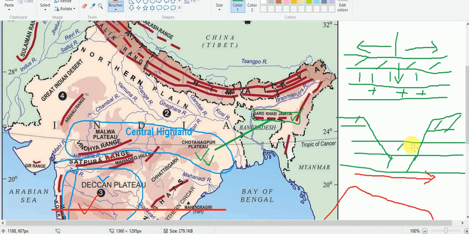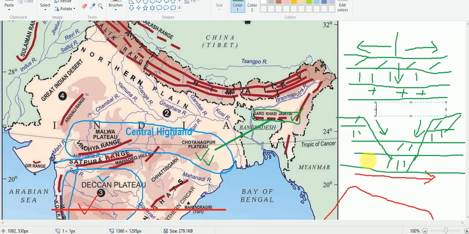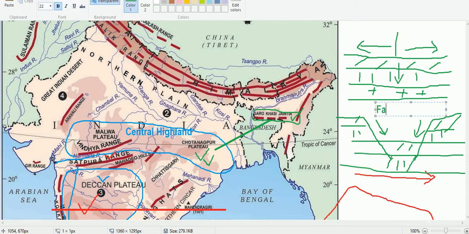So in this way, here we have the first formation. The first formation is coming down here, the second one comes here, and this process, as I told you, is known as what? Can you tell me? It is known as faulting.